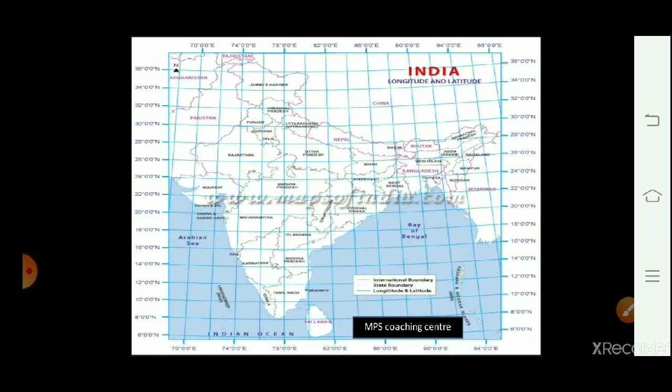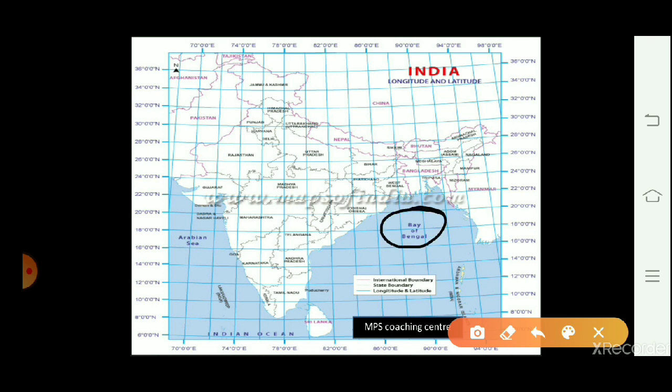So let's take a short recap of what we have learned in this video. So in this video we have learned how to plot the group of islands in Bay of Bengal as Andaman and Nicobar and Arabian Sea as Lakshadweep.